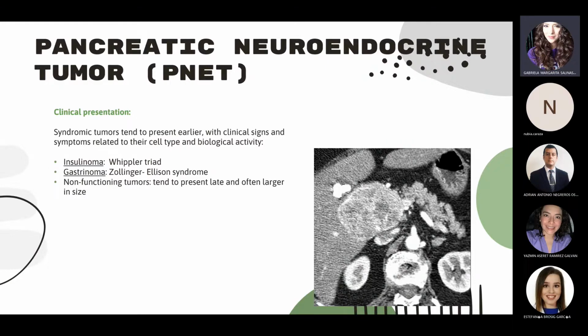Insulinoma presents with Whipple triad, which consists of hypoglycemia, low fasting glucose, and relief by IV glucose. And the gastrinoma with Zollinger-Ellison syndrome, and the non-functioning tumors tend to present late and are often larger in size.